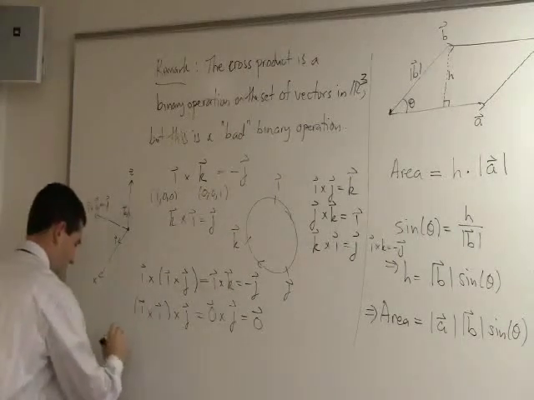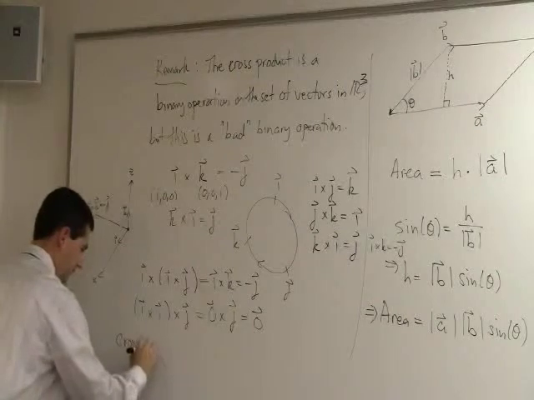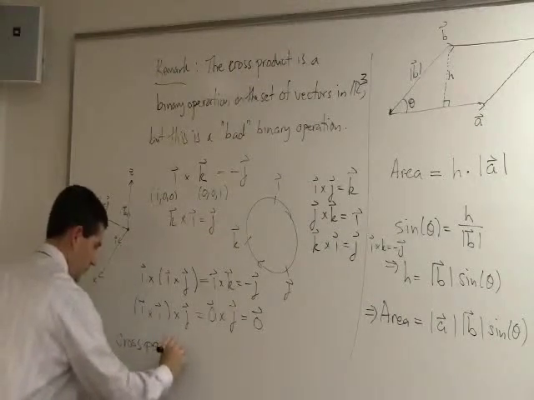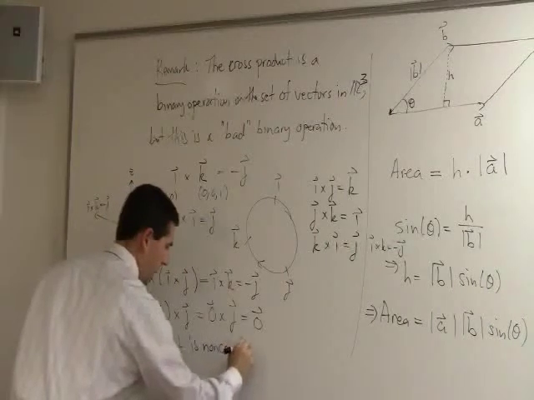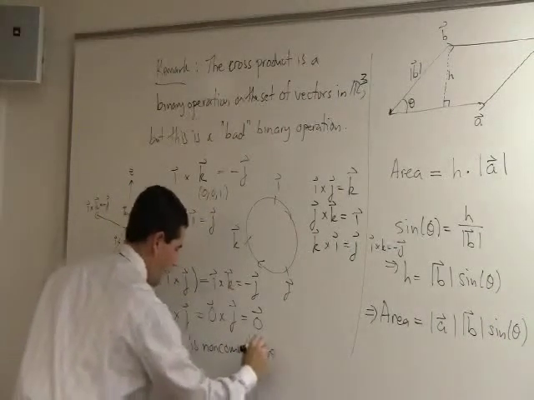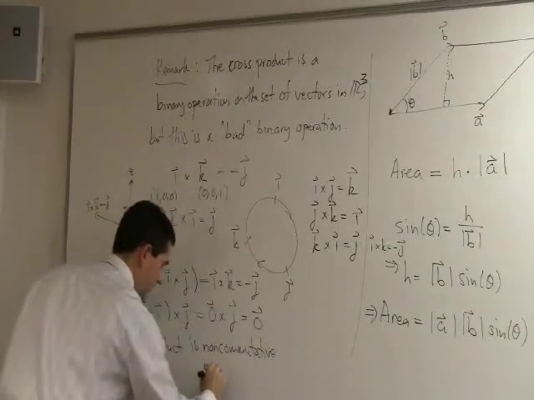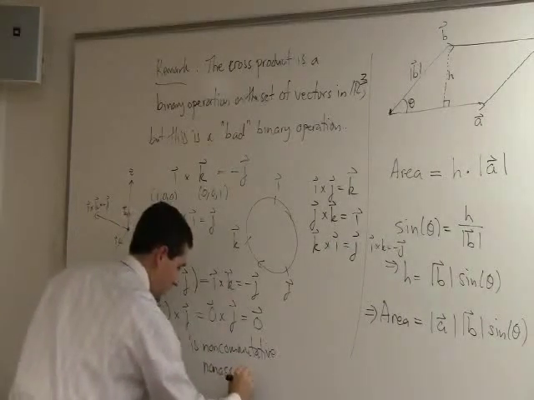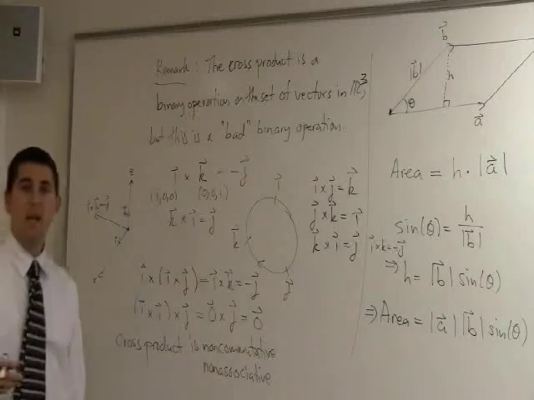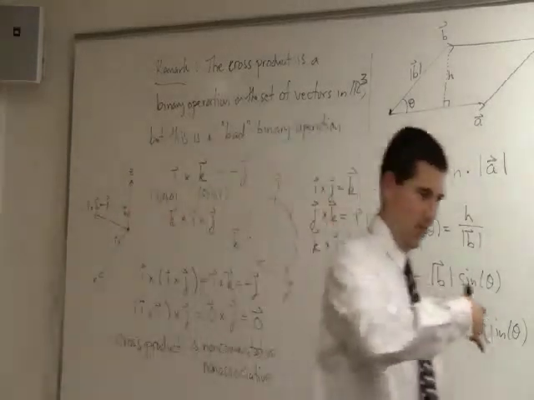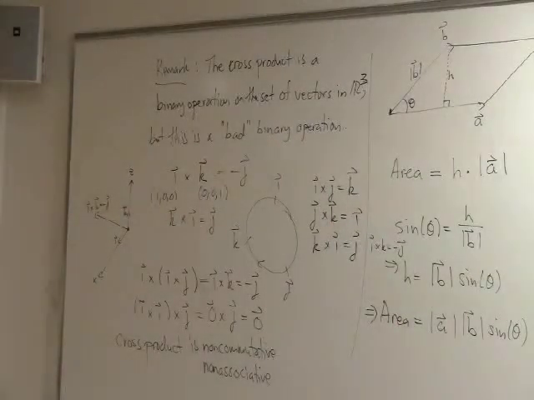So cross product is non-commutative and non-associative. In fact, if you look at that list of conditions that I gave you in 267, divisibility, identities, inverses, not one darn thing holds.